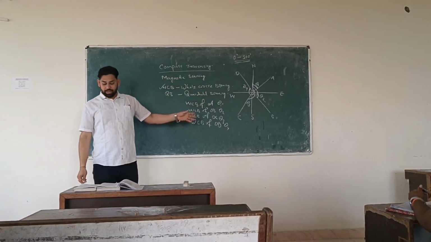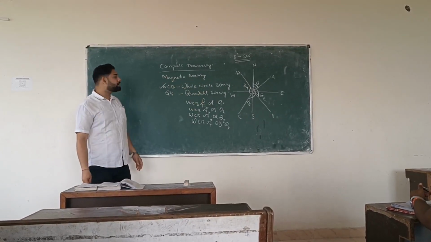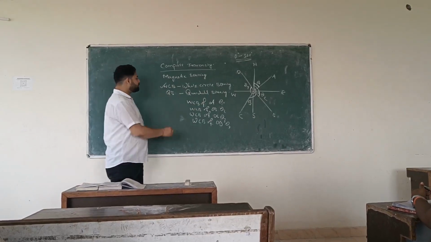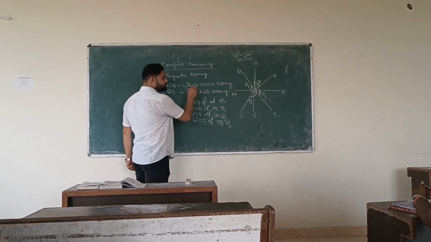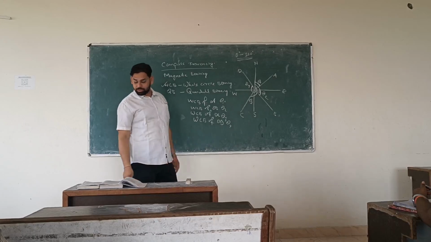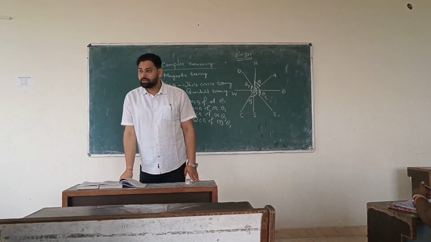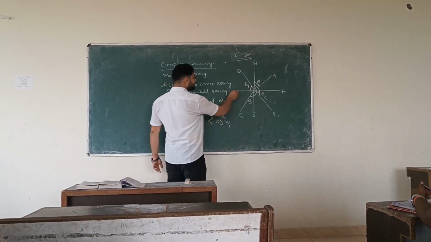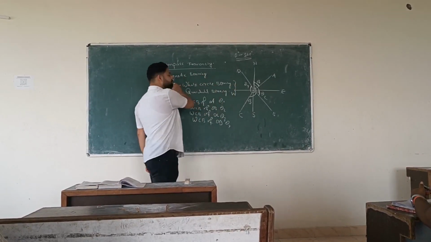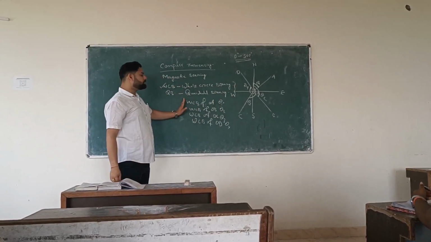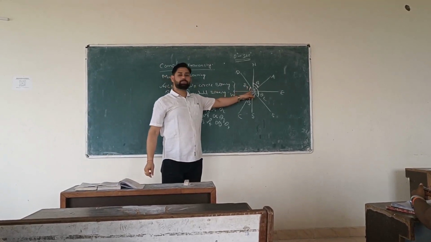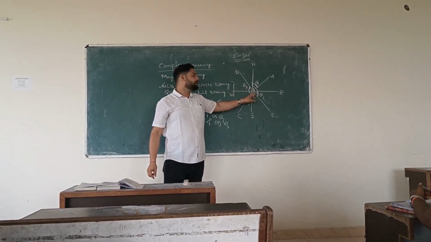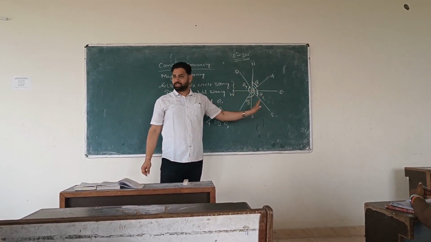When we go for the quadrantal bearing system, this is the WCB system and this is the quadrantal bearing. Two types of system are there when we go for a magnetic bearing. One is WCB, another is QB. WCB means it always counts from north pole to the line, wherever your line is situated.